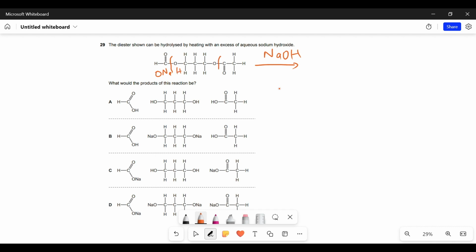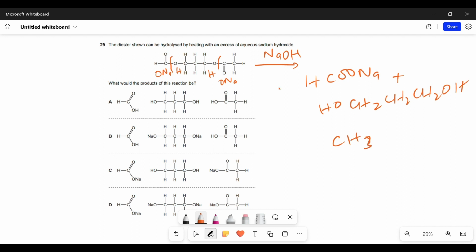Similarly, here also ONa will be added on this side and hydrogen on this side, and the products that will be formed are HCOONa plus OH, CH2, CH2, CH2OH and CH3COONa. If I look at the options, option C is the correct response.